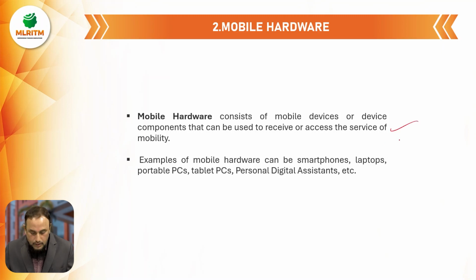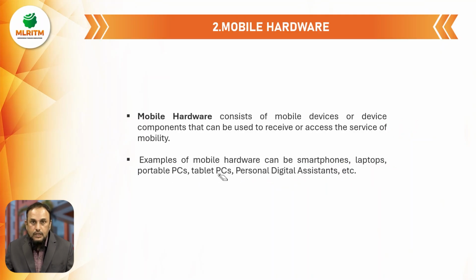Examples of mobile hardware devices are your smartphone, since every person has a smartphone now, and your laptops, portable PCs, tabs, personal digital assistants (PDAs), and MacBooks. These are the mobile hardware.